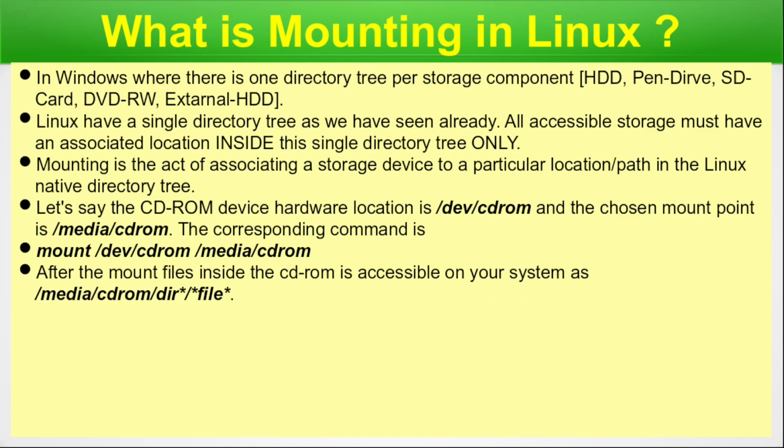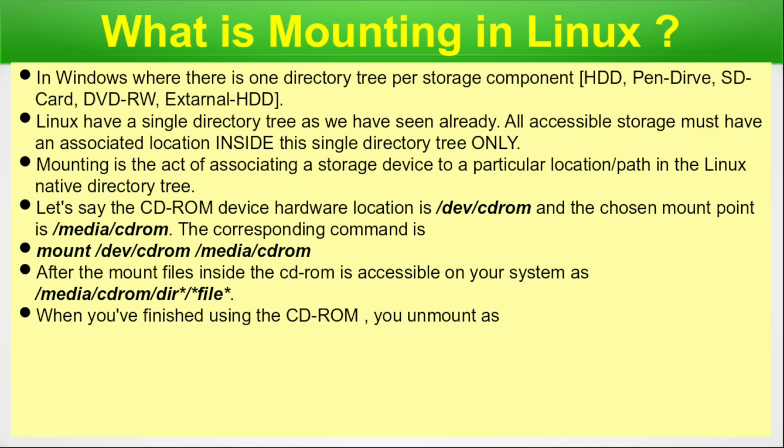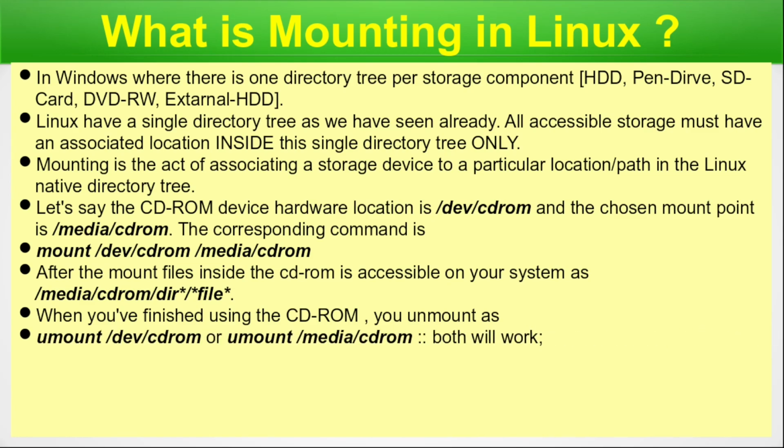After mounting, files inside the CD-ROM are accessible under /media/cdrom, where I have put wildcards for some directories and files. In this hierarchy, you will access the directories and files inside. When you have finished using the CD-ROM, you unmount it with umount /dev/cdrom or umount /media/cdrom. Both will work. You can unmount using either of them.